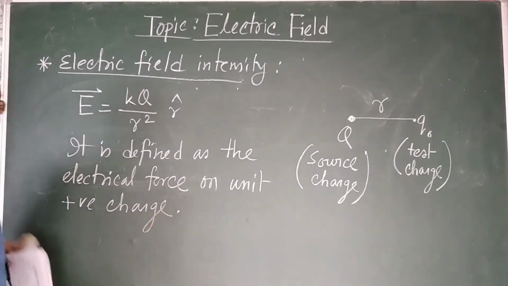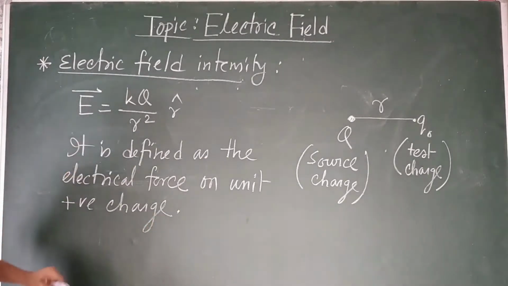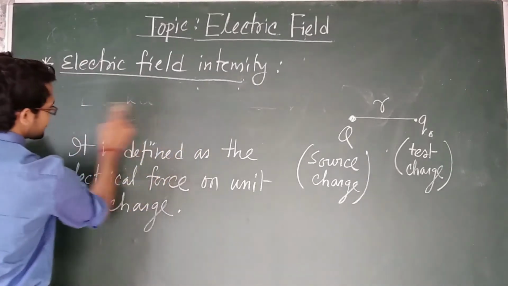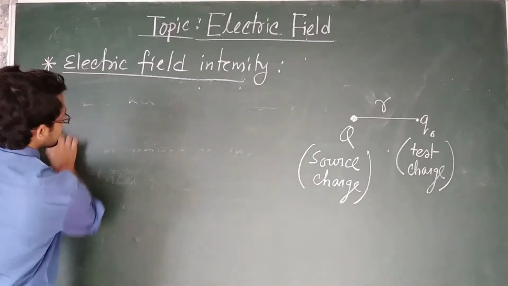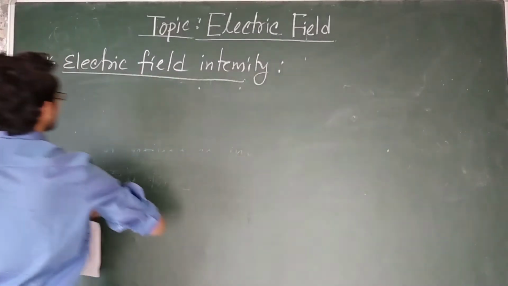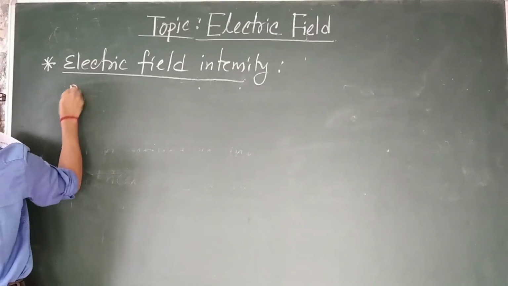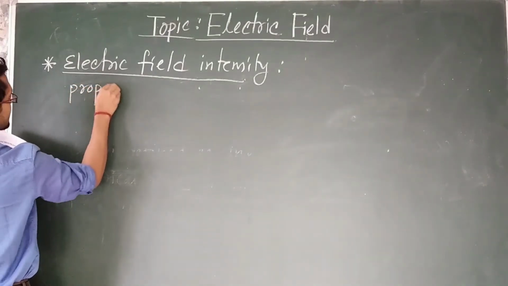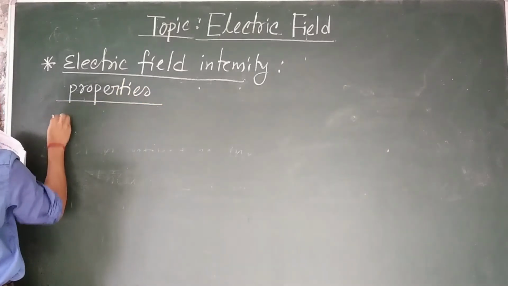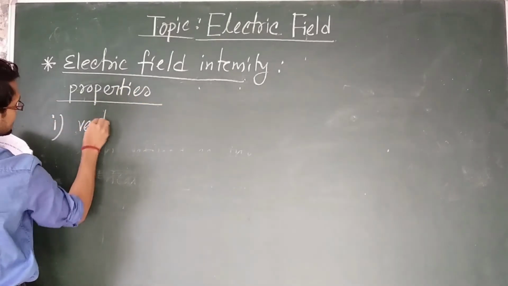Now come to its properties. What are the different properties of electric field intensity? The first one is that it is a vector quantity.